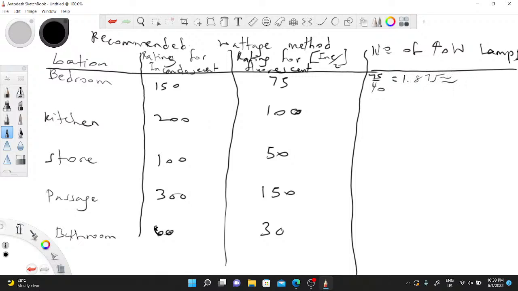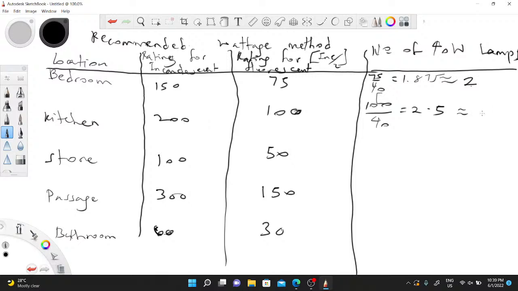Then you approximate it to 2 lamps. Here you can leave a big space so you can also give reasons under them. Here you need high illumination in the bedroom, so you use 2 lamps. Then here you do 100 over 40. That'll give you 2.5, so you can approximate to 2 or 3.